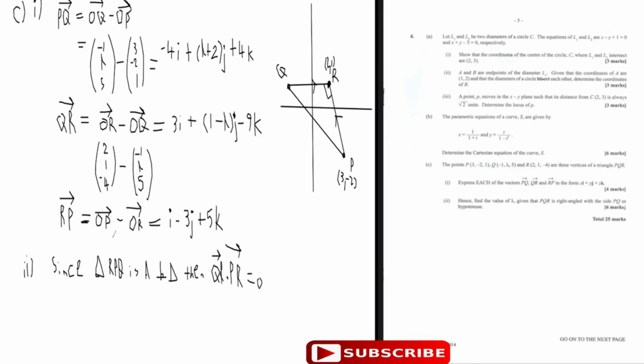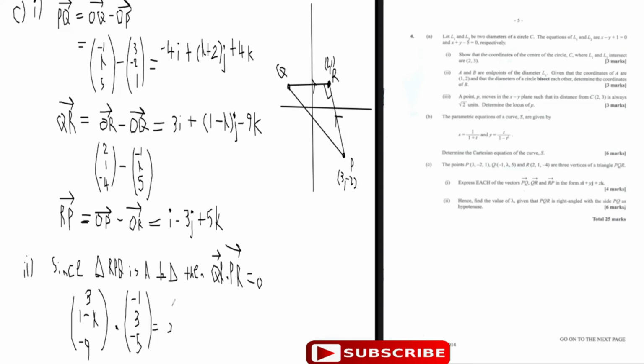So doing that now, QR is (3, 1 minus lambda, -9), dot RP. RP would just be in the opposite direction to this, so this would be (-1, 3, -5), and that's equal to 0.